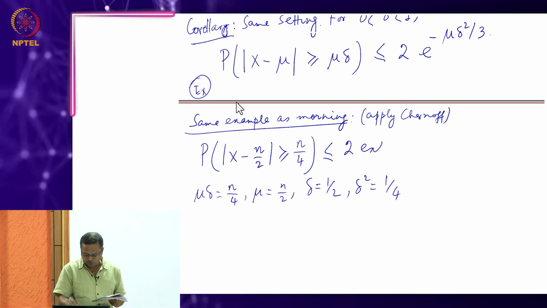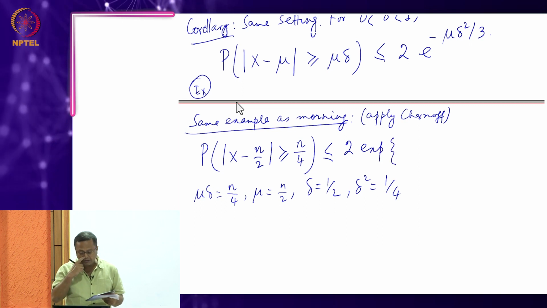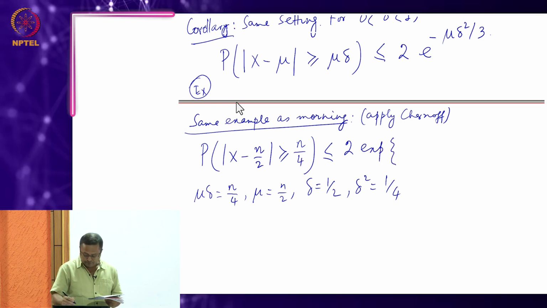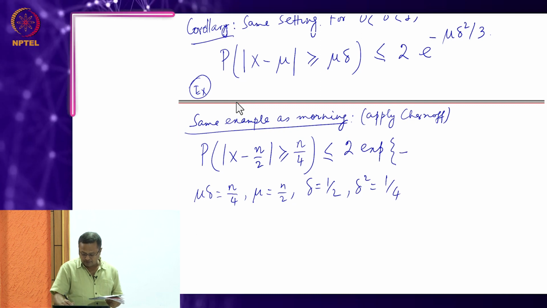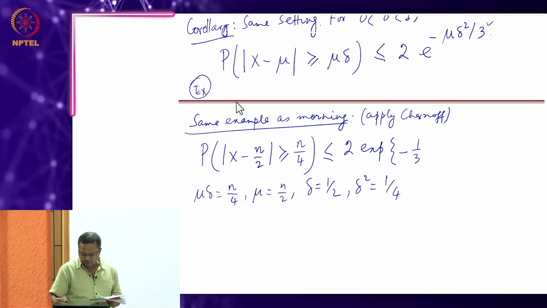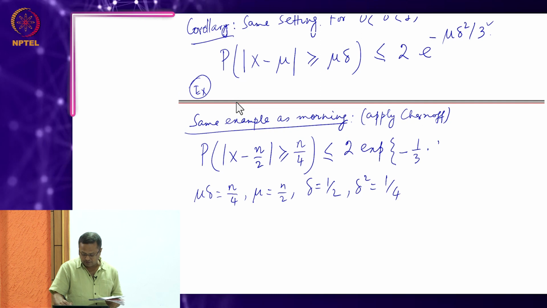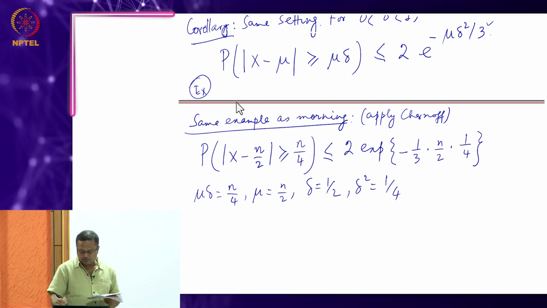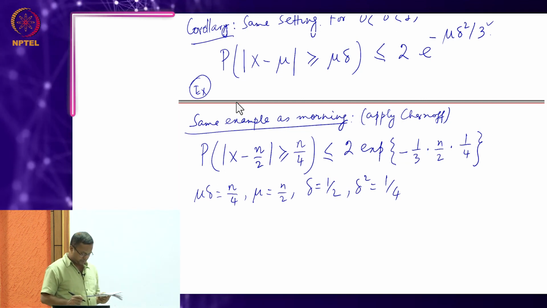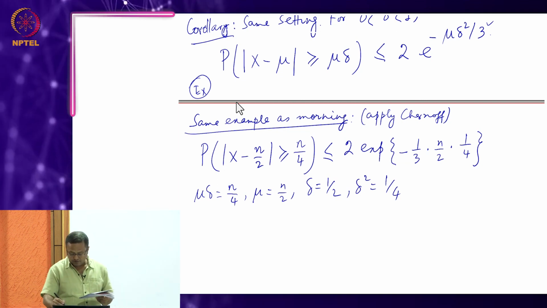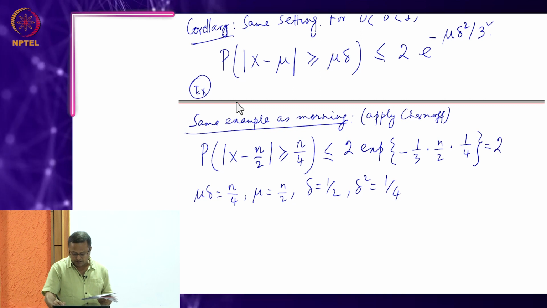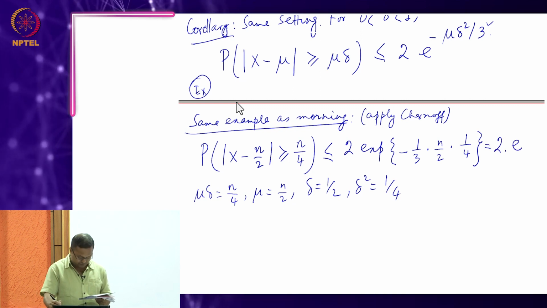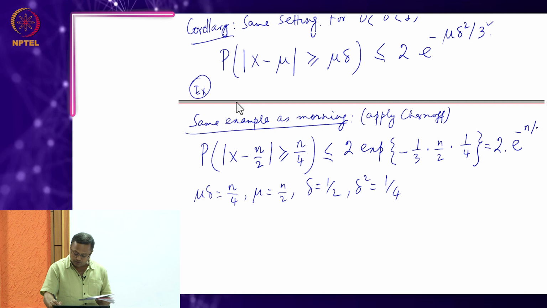So, this is 2 to the power of 2 into e to the power of minus 1/3 of this term, where mu is n by 2 and delta square is 1 by 4. So, this gives you an expression like 2 into e to the power of minus n by 24.